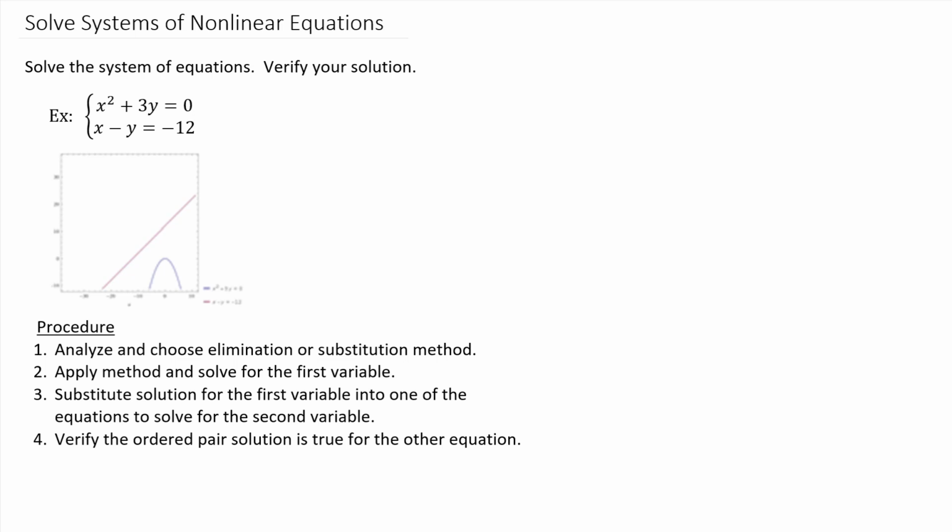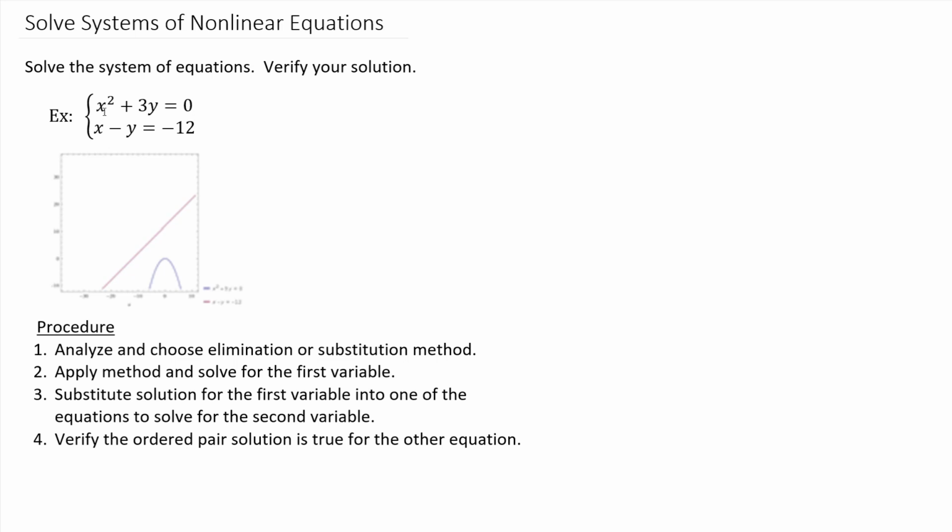If you choose the elimination method, you want to make sure that you're left with only one variable at the end. So you want to eliminate in such a way that you're only left with x's or only left with y's. If we look at our two equations, the first equation has an x squared, the second equation has an x.